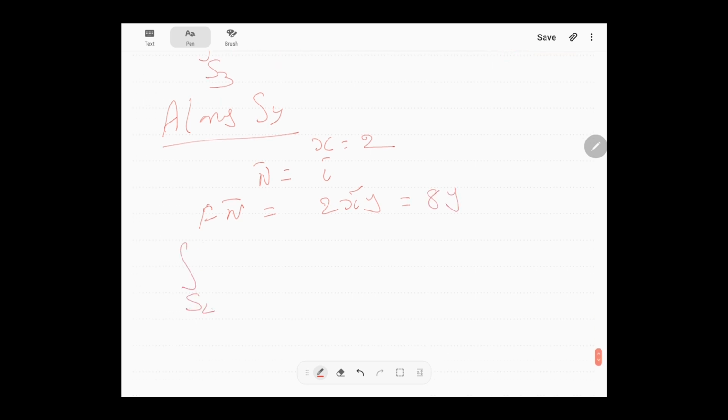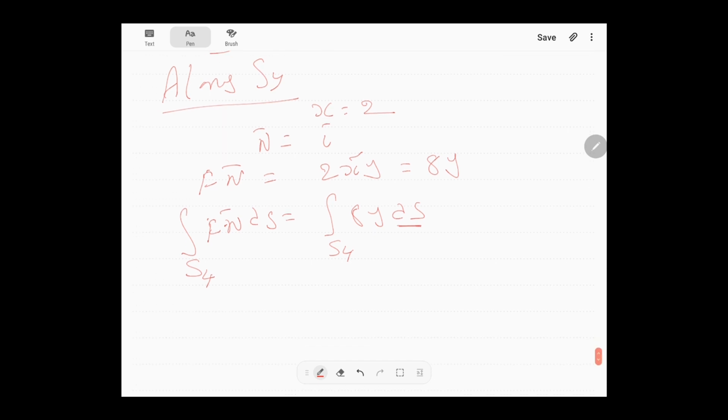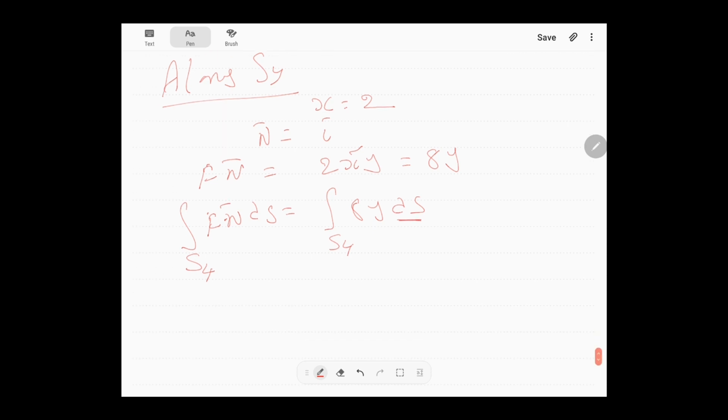Now, I need to find the integral over S4 of f bar dot n bar ds. That means the integral over S4 of 8y ds. Now, ds can be written in different ways: dx dy by n bar dot k bar, dy dz by n bar dot i bar, and so on. Anyway, we can take the integral.